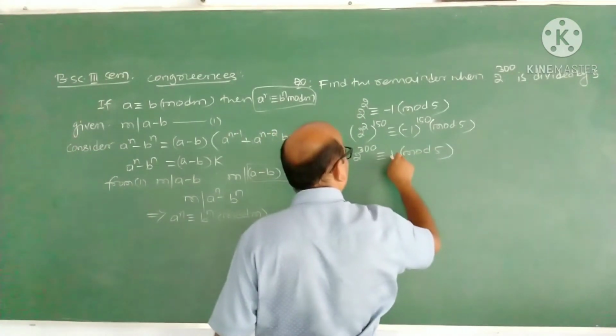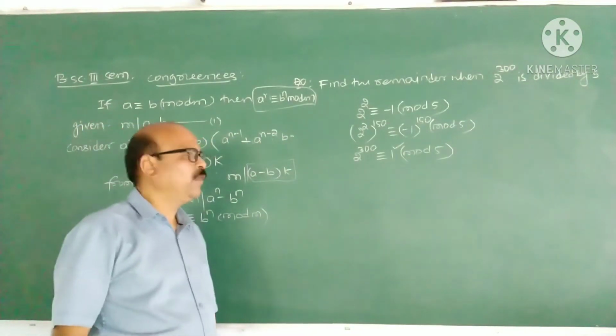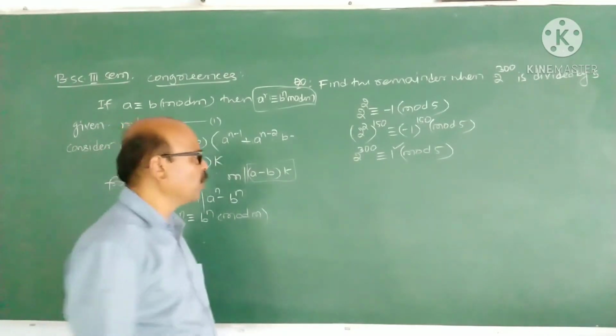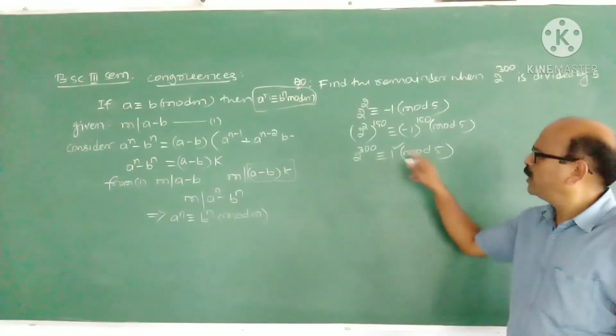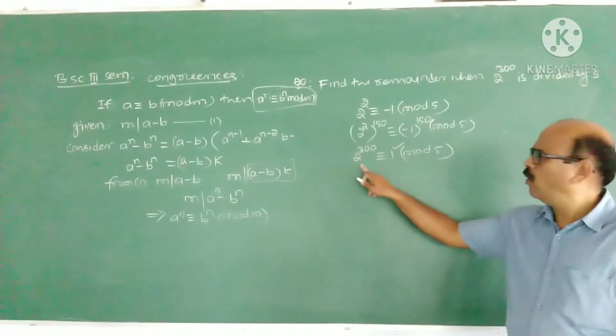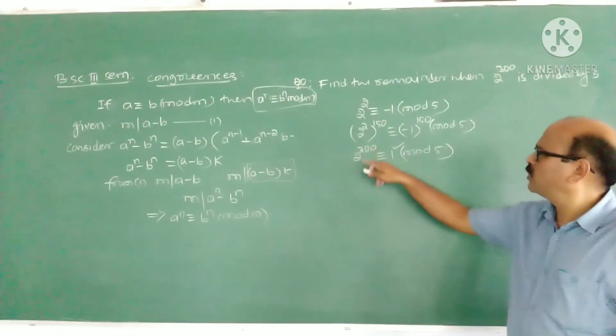Now what is this one? What does this imply? 5 divides 2 raised to 300 minus 1, or this 1 is the remainder when 2 raised to 300 is divided by 5.